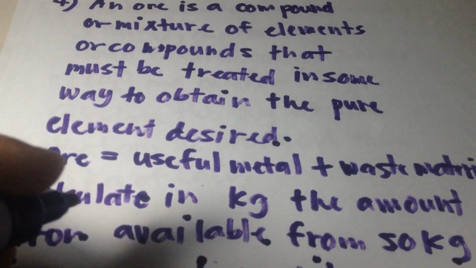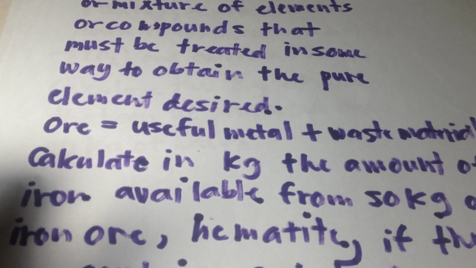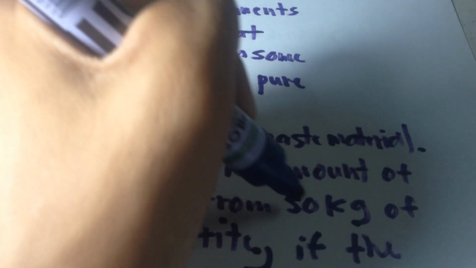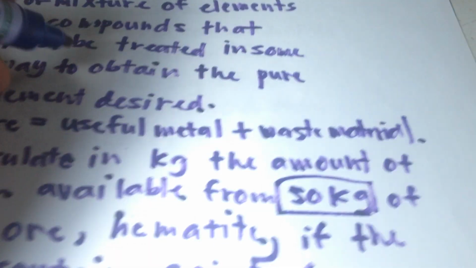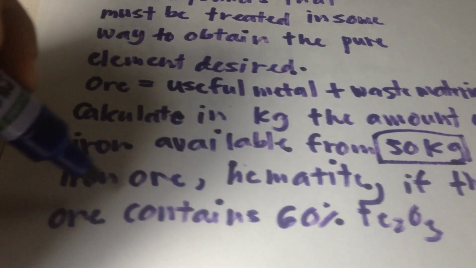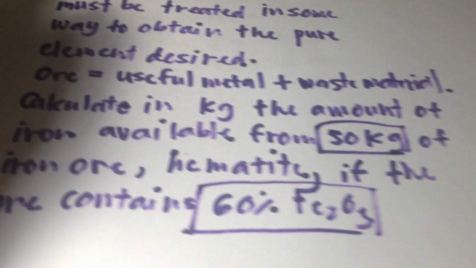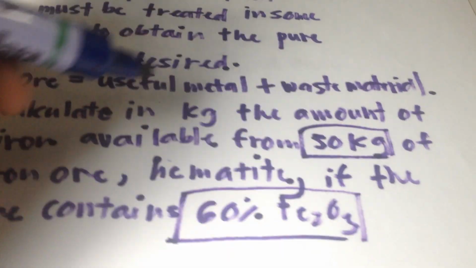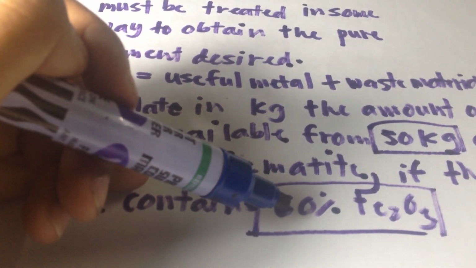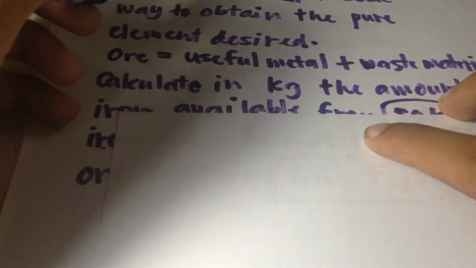Calculate in kilograms the amount of iron available from 50 kilograms of iron ore hematite if the ore contains 60% iron(III) oxide. So we have given here 50 kilograms of iron ore and 60% iron(III) oxide. So let's begin in number 4.